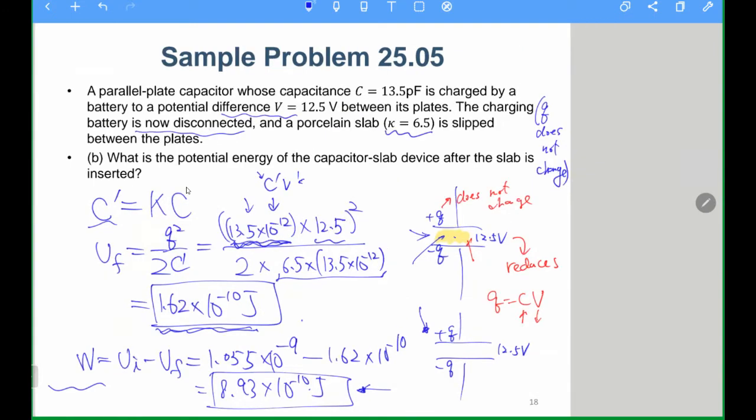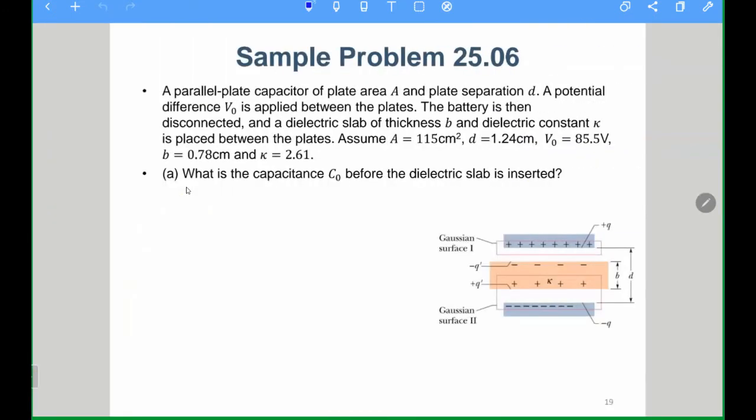Okay. So next we have another sample problem. Here it says a parallel plate capacitor of plate area A and plate separation D. So we have the cross-section area A, and this is the plate separation D. A potential difference V0 is applied between the plates.